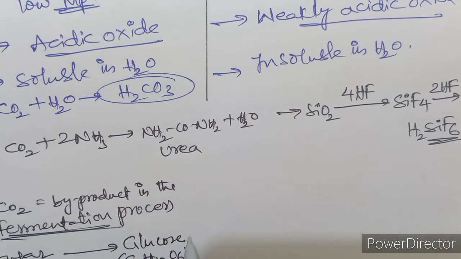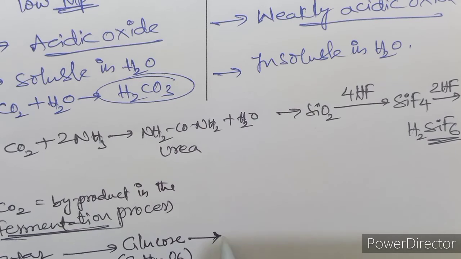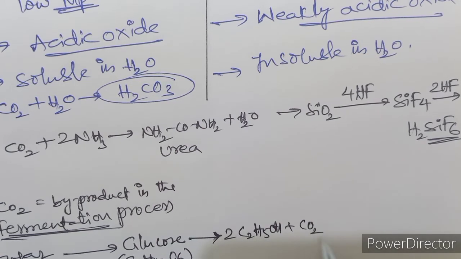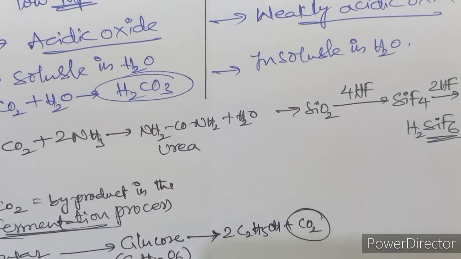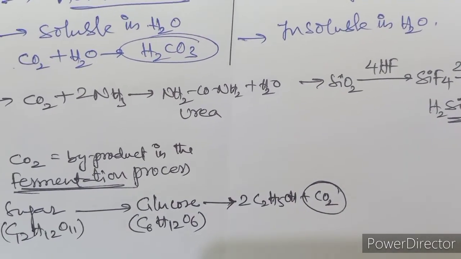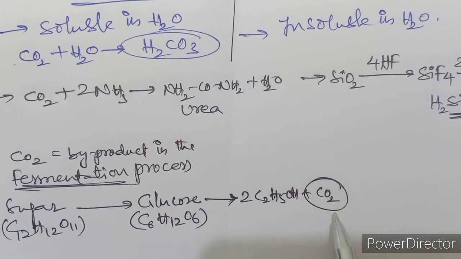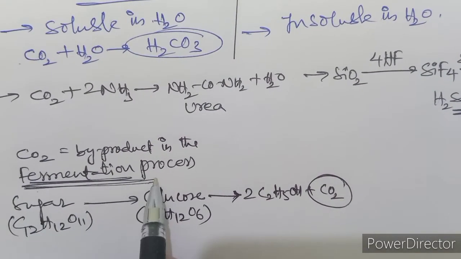On fermentation, that finally gives C2H5OH and carbon dioxide. This carbon dioxide is obtained as a byproduct in the fermentation process.